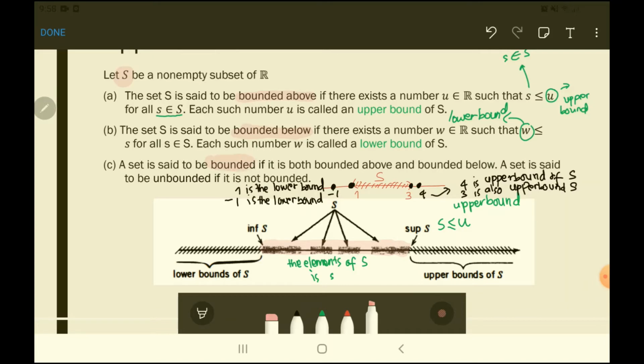And if it is unbounded, that means it is not bounded, so it has no upper bound and no lower bound. Okay.